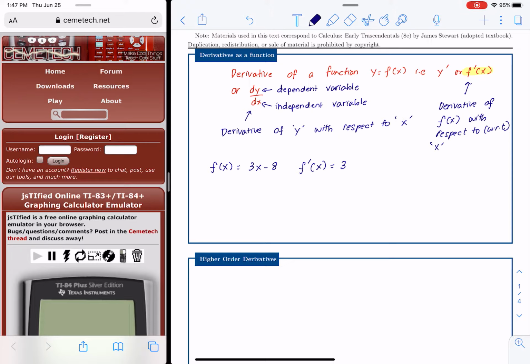But if you think about it carefully, this is simply a horizontal line passing through y equals 3. And that is a function. So any derivative of a function, may it be the first, second, and the third, I'm going to talk about that below, is also a function.